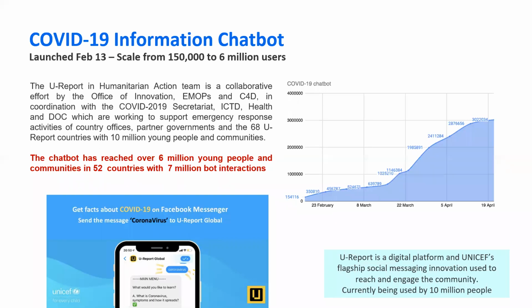When we launched it in February, we had about 150,000 users, and today we are at 6 million users, 6 million people accessing this chatbot across 52 countries that have deployed it. And we have a growing 7 million bot interactions. What is really unique about the UNICEF COVID information chatbot is that it's country and localized driven. Next slide, please.